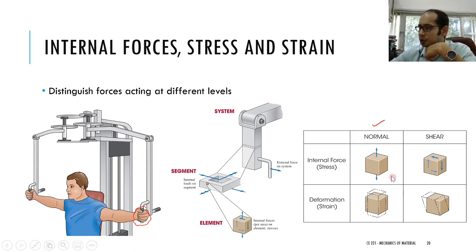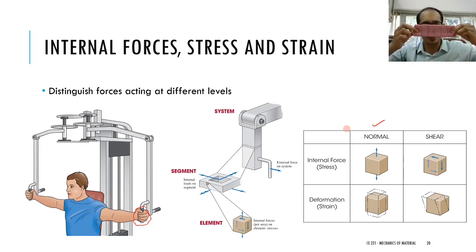Coming back to the shear stresses, shear stresses are those which act along the surface of an element. Remember that normal stresses act perpendicular to the cross section of the element. Shear stresses act along the cross section. For example, for the same sponge, or if you have a loaf of bread, or if you're trying to cut through a cube of butter.